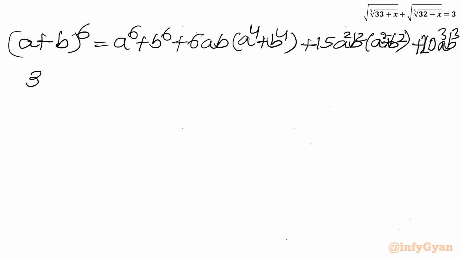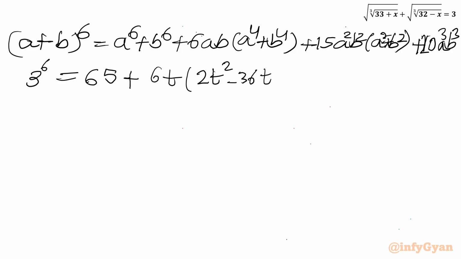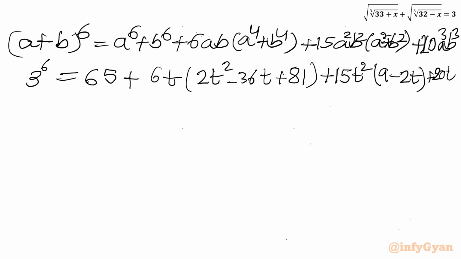I will be writing here 3 power 6 equal to a power 6 plus b power 6, 65, plus ab was t, so 6t. This value a power 4 plus b power 4 was 2t square minus 36t plus 81. Now 15 a square b square, so 15t square. A square plus b square, it was 9 minus 2t, and then it is 20 t cube.